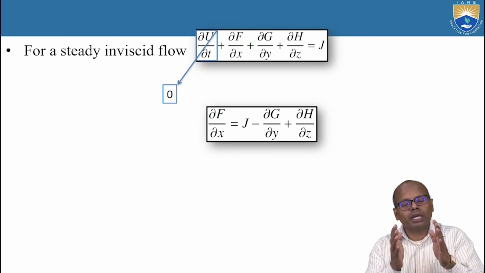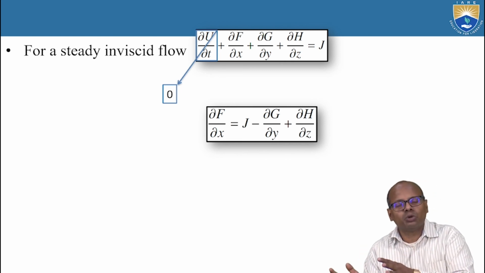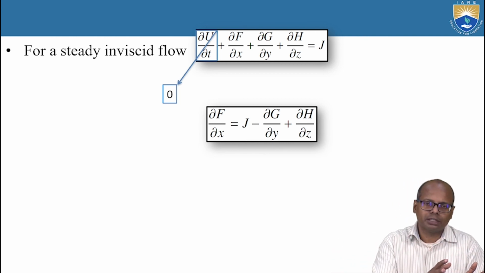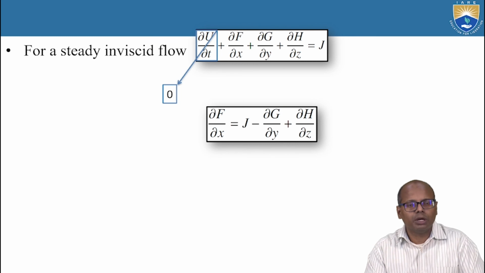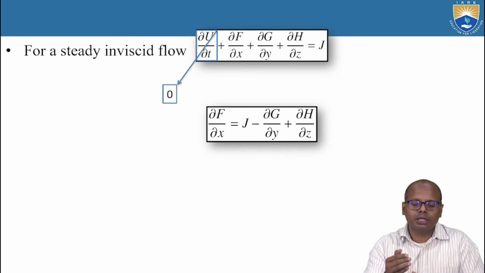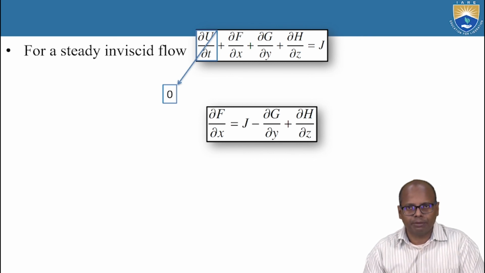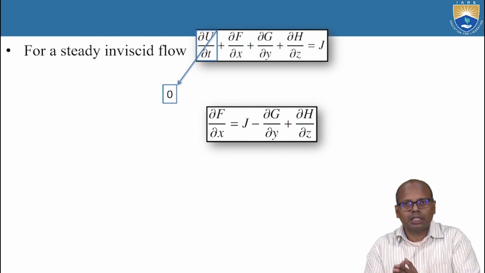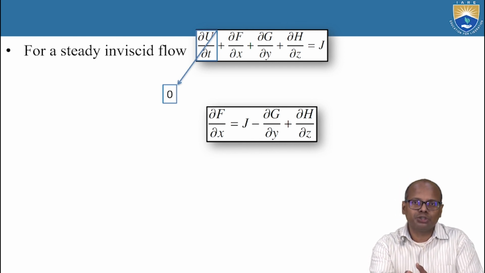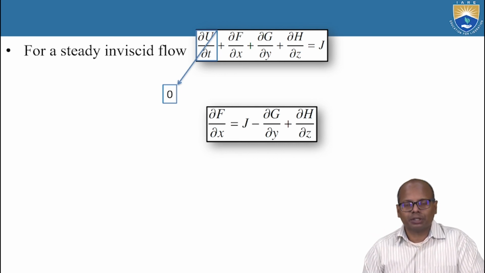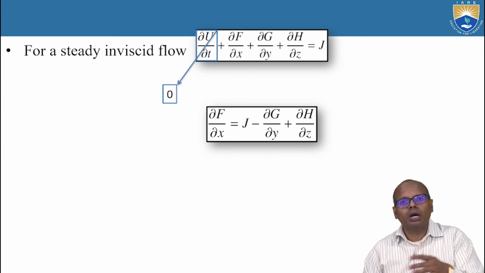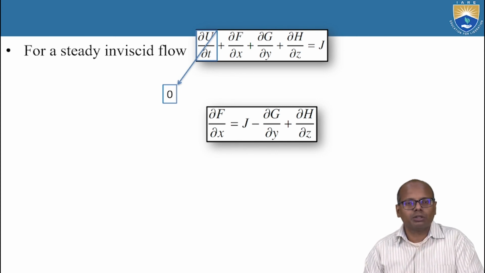So we expanded the divergence term and took all these x, y, z terms onto the left hand side and clubbed them into one form, and then made the generic equation of the form dou U by dou t plus dou F by dou x plus dou G by dou y plus dou H by dou z equals J. From that equation we found what U, F, G, H and J represent, and how these equations transform in the case of an inviscid flow and in the case of a steady flow. So this is what we have seen today.